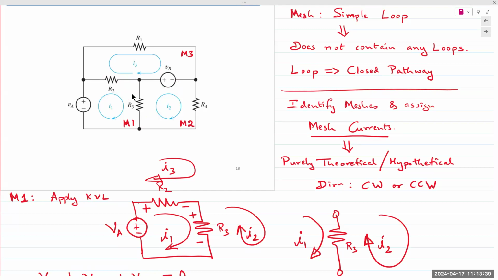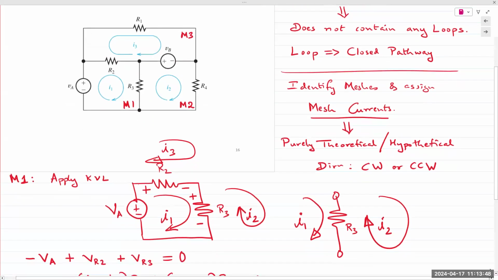Once you have a clockwise direction, you apply KVL around each individual mesh. In mesh 1, which I've drawn out here, I have 3 components: voltage source VA, resistor R2, and resistor R3. VA is the voltage source. The value would be known to us. We simply write out the expression for KVL. So we have VA plus VR2 plus VR3 equals 0.